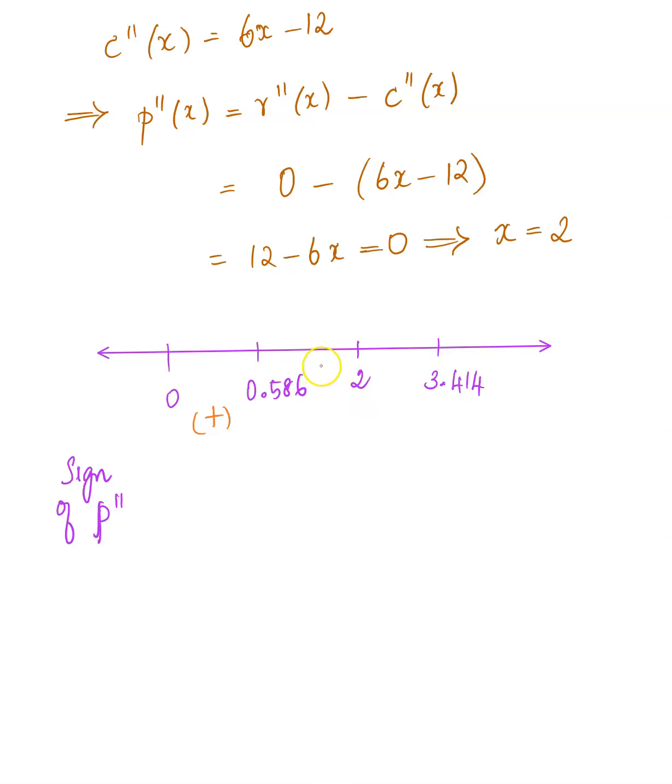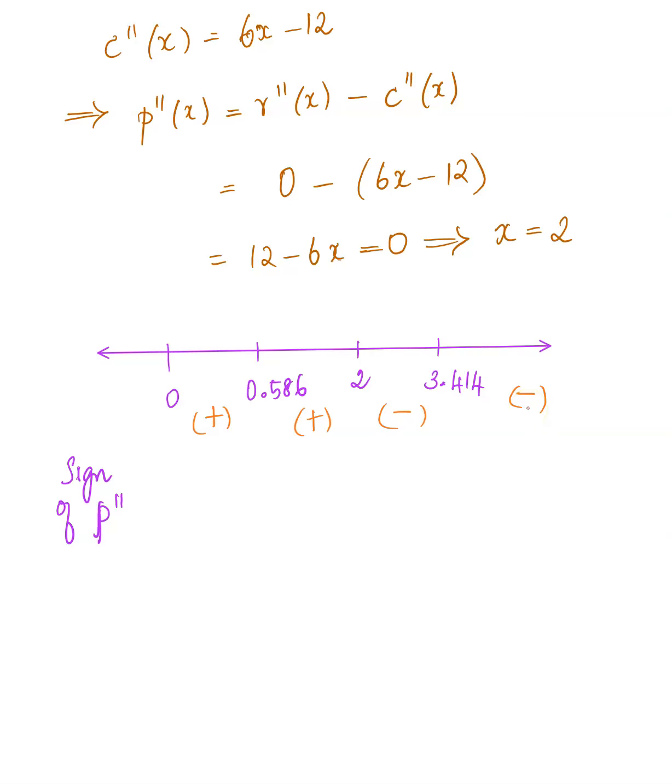And in this interval, you could probably plug in 1, so that will be positive. Between 2 and 3.4, go for 3 maybe. When you plug in 3, 6 times 3 is 18, so 12 minus 18 is negative. Anything more than that also gives us negative.